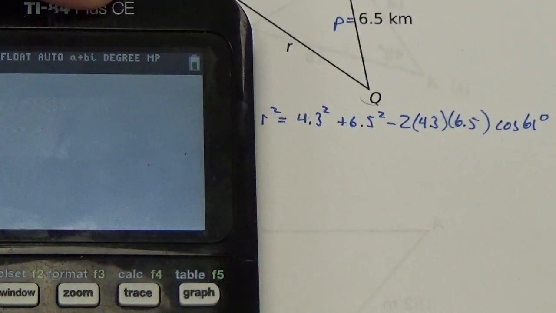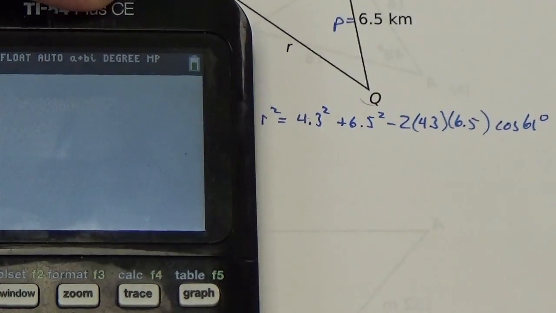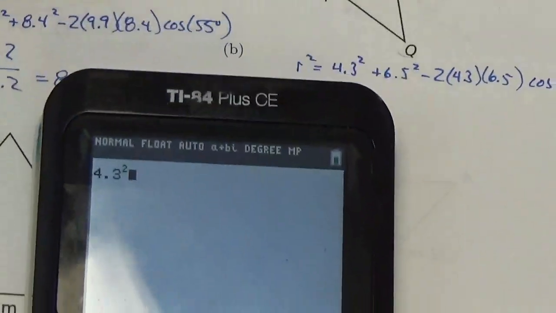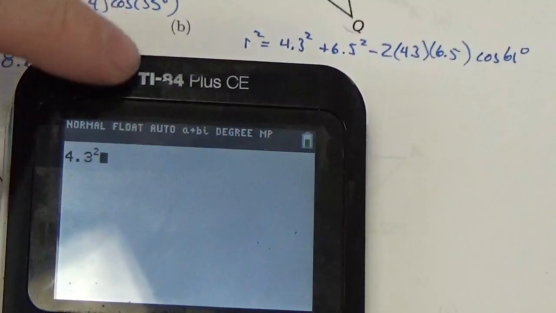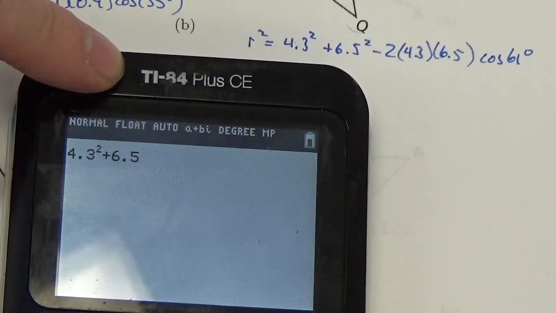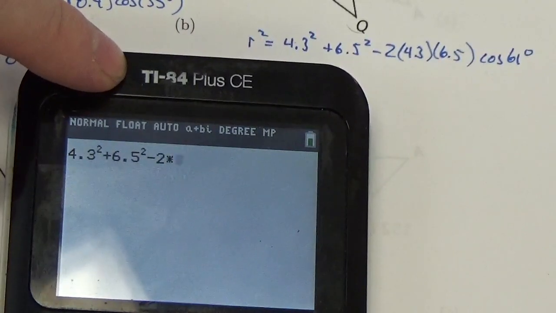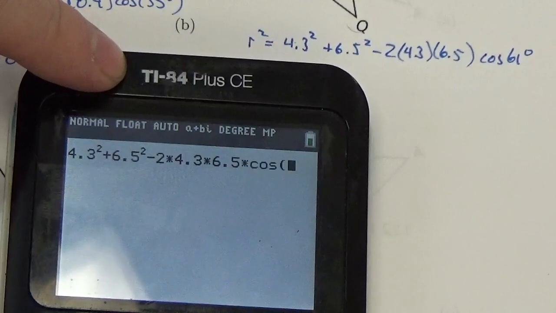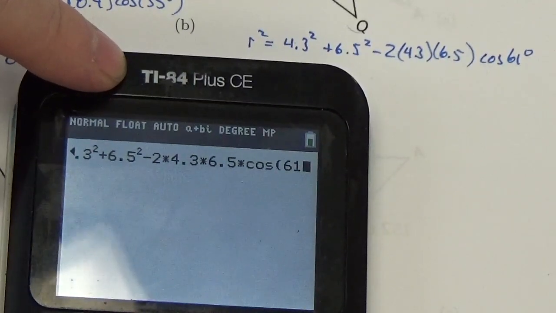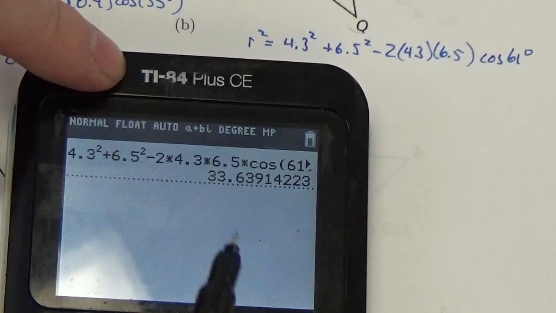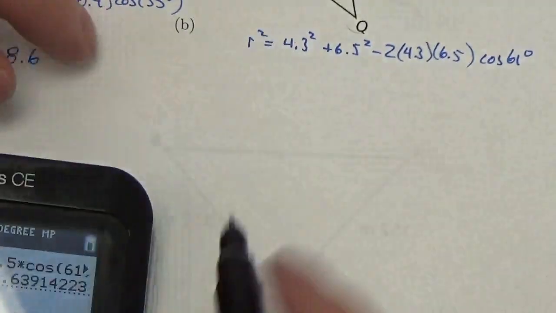So that is going to be 4.3 squared plus 6.5 squared minus 2 times 4.3 times 6.5 multiplied by the cosine of the angle in between, 61. And now I get this 33.6.